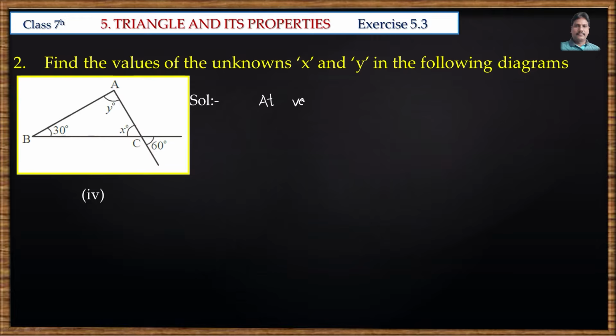At vertex C, x degrees is equal to 60 degrees because they are opposite angles with a common vertex. Opposite angles with a common vertex are equal.